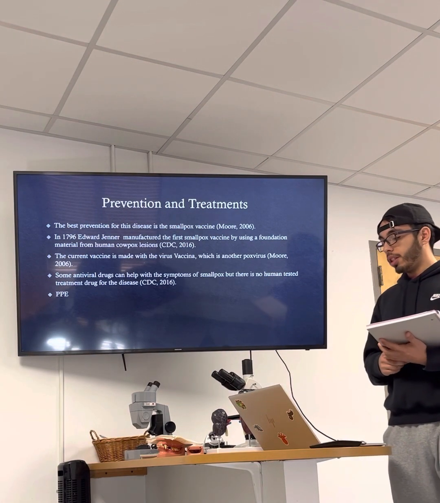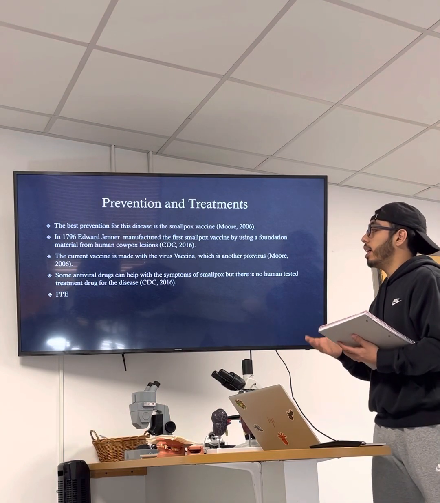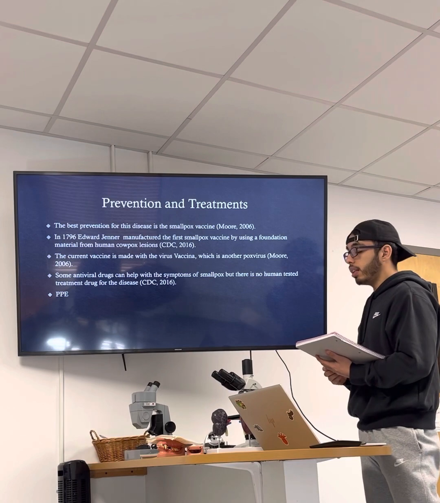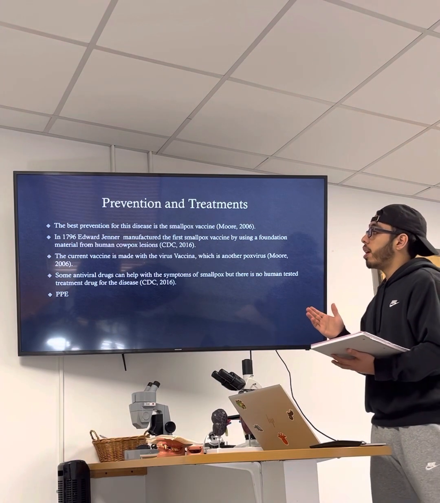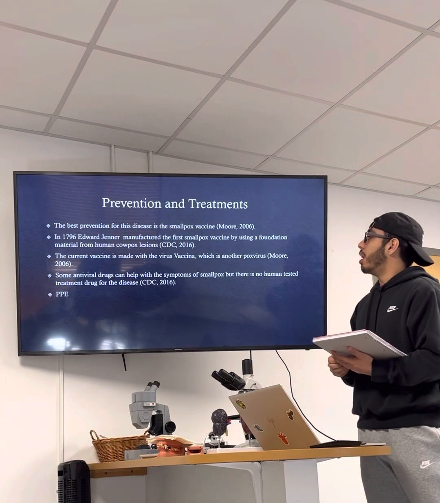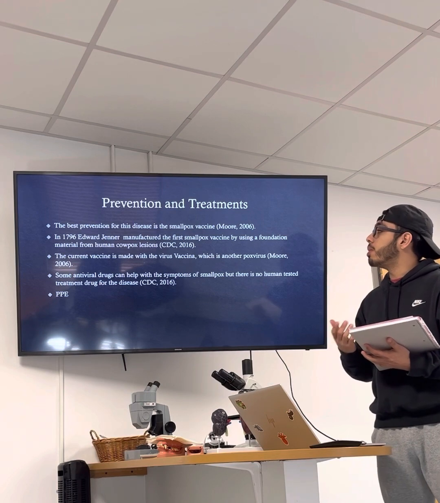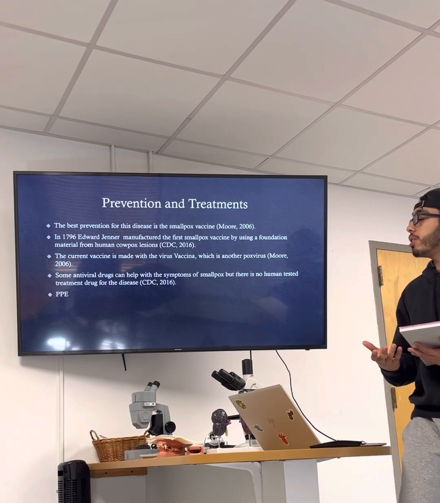So some prevention and treatment. The best prevention that we know up to date is the smallpox vaccine. The smallpox vaccine was created in 1796 by Edward Jenner. Basically, the foundation of the vaccine was to use materials from people who had cowpox lesions.